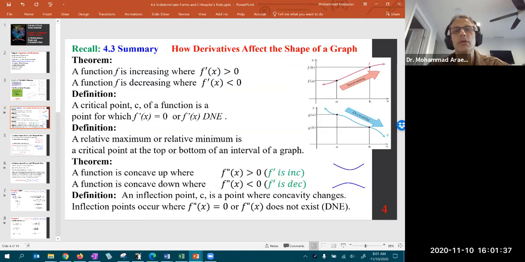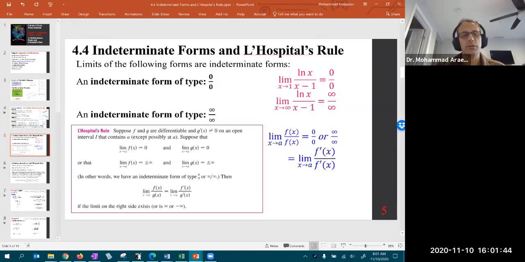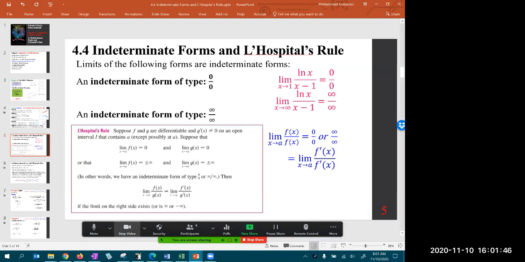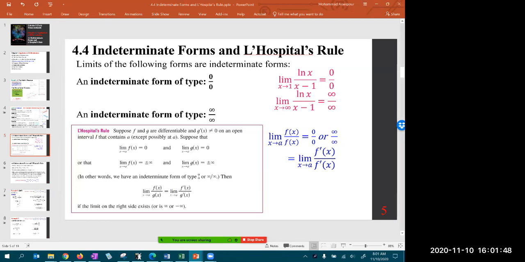Summary of how derivatives affect the shape of a graph. And now indeterminate forms and L'Hopital's rule. Here's the synopsis of what is going on.